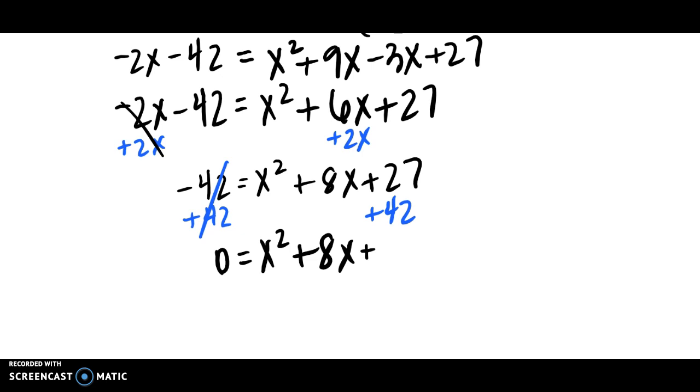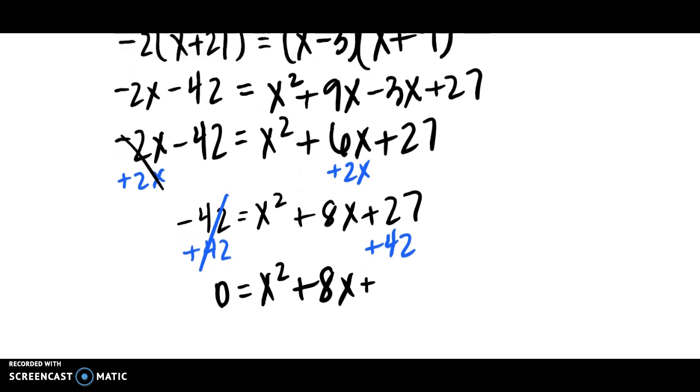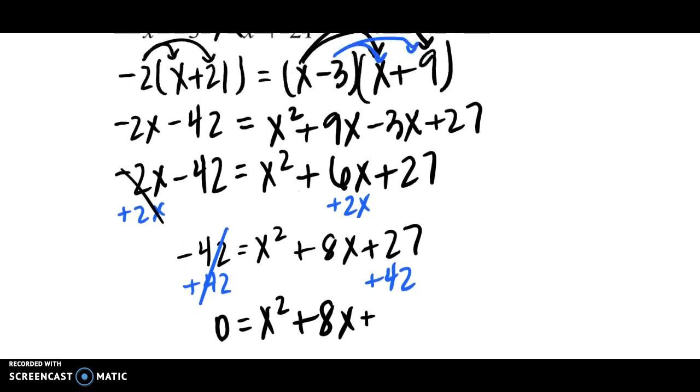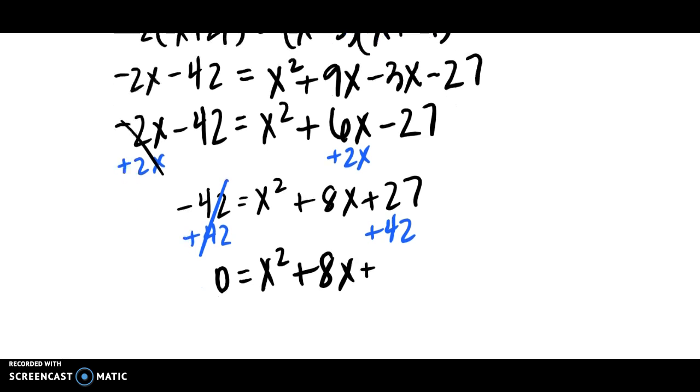Okay, I just noticed I made a mistake up here. This negative 3 times positive 9 should give you negative 27, not positive 27. So change that to a negative. Then here to a negative 27.